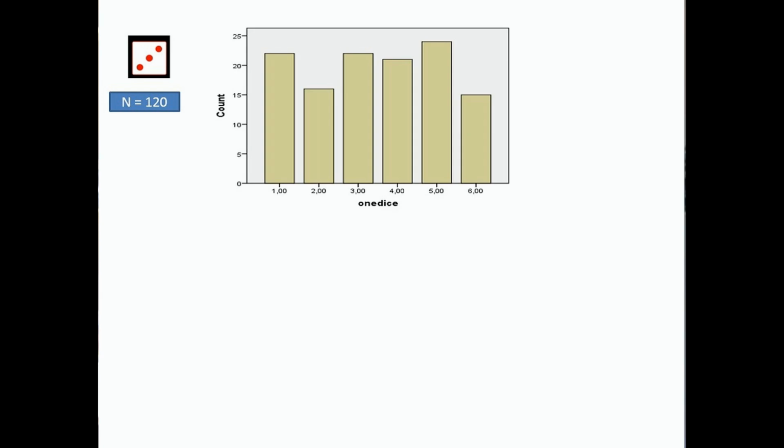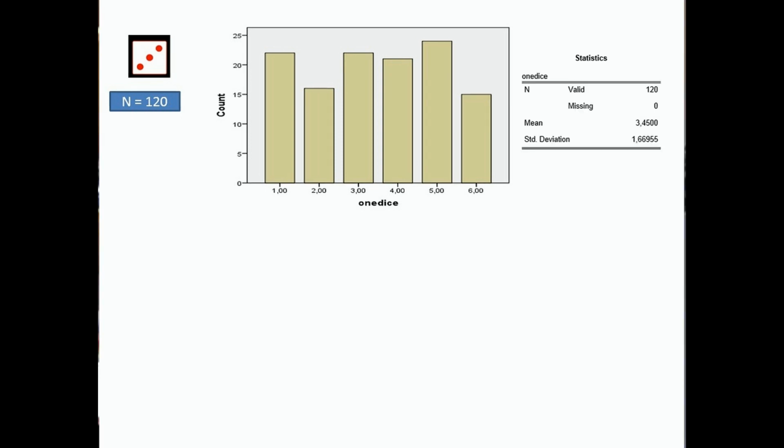So we expect the frequency around 120 divided by 6 is 20 for each possible outcome. The bar graph with the results shows, as we expected, a uniform distribution. SPSS tells me that the mean of all those observations was 3.45, close to the 3.5 we would expect.